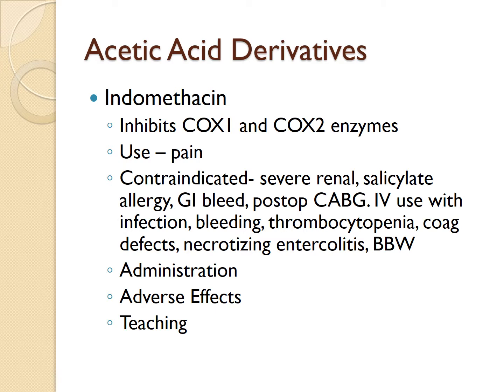irritation that it causes. Patients with gout should not take the sustained release preparation of this medicine. And patients with a history of proctitis or rectal bleeding should not use rectal suppositories of this.